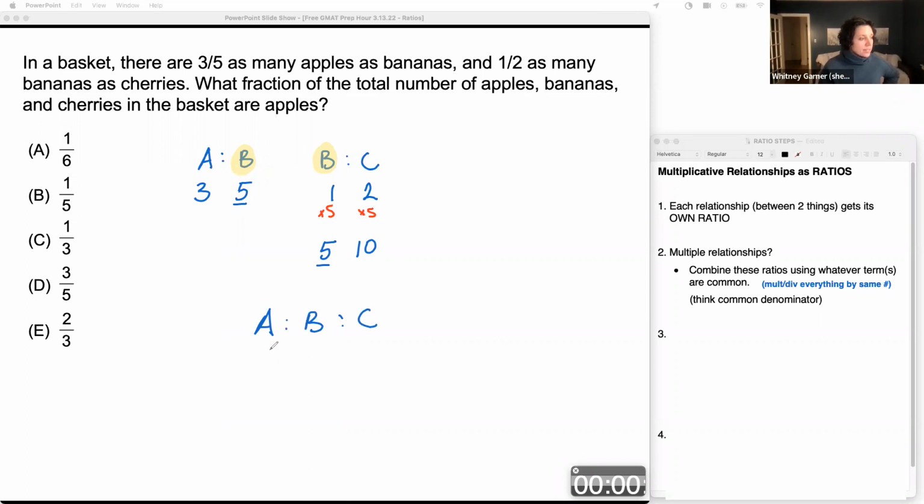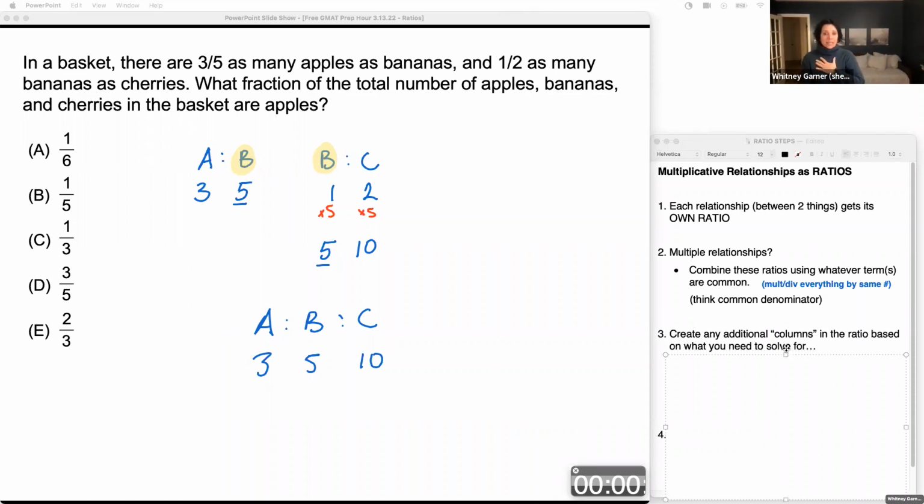Apples to bananas to cherries is 3 to 5 to 10. So I've created one single ratio. If everything was divisible by the same number, I might reduce it. And then my next step: for whatever it is that I need to solve for, if it's not one of these 3 things, then I'm going to create a new column for it.